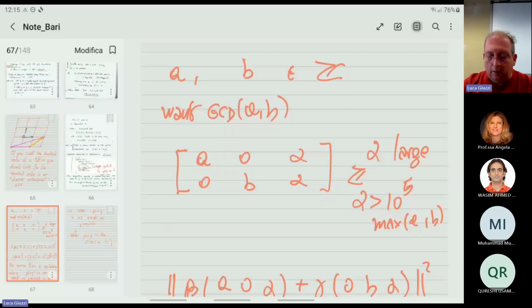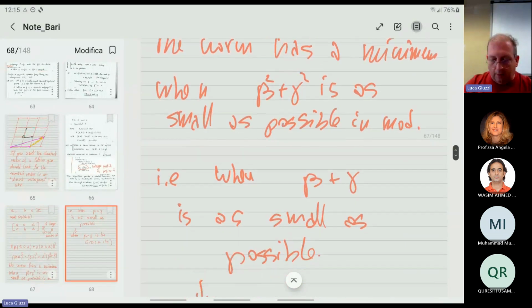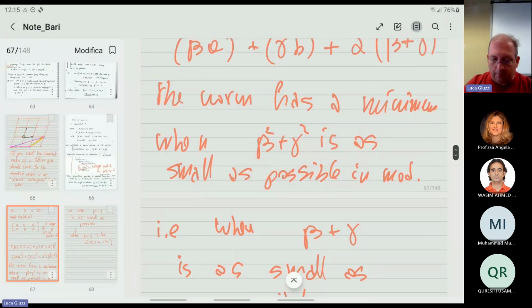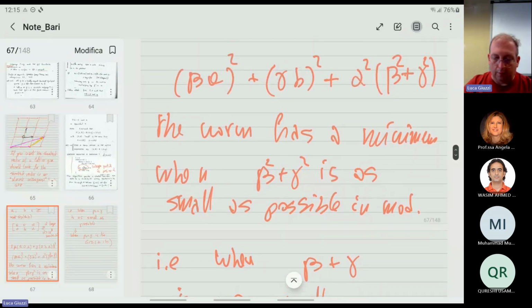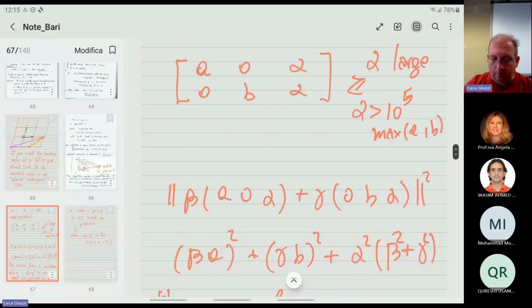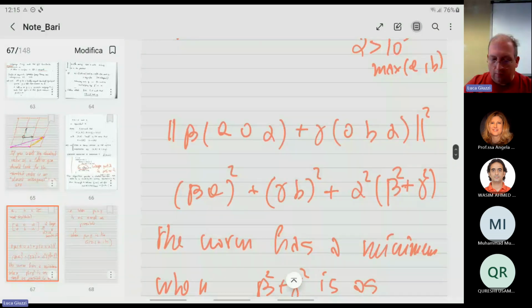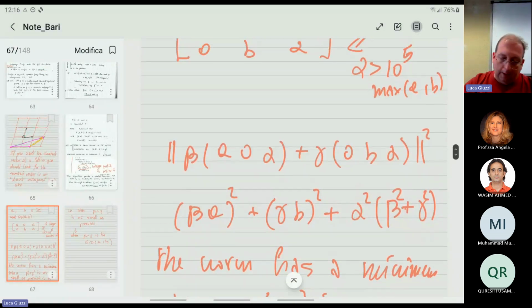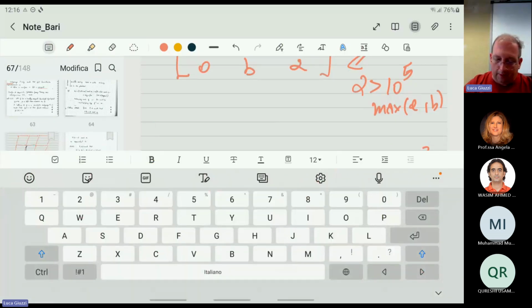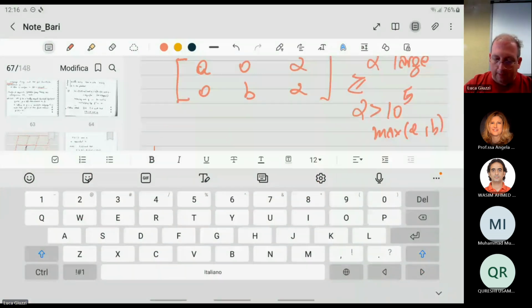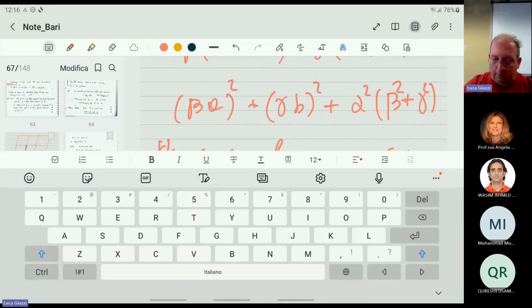Sorry, here I'm noticing now that actually here I wrote beta alpha.